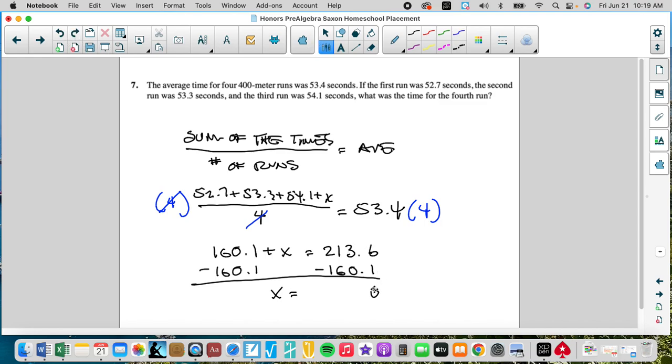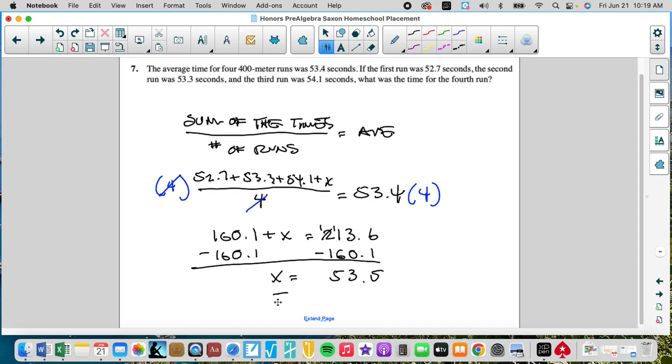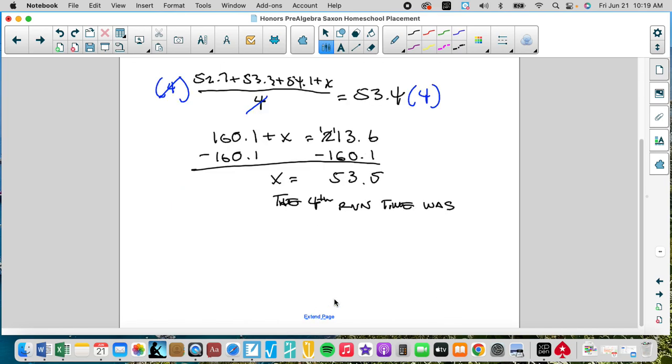We can take 1 from 6, that gives me 5. 0 from 3 is 3. Now we have to borrow. That's 5. So 53.5 is my 4th time. So the 4th run time was 53.5.